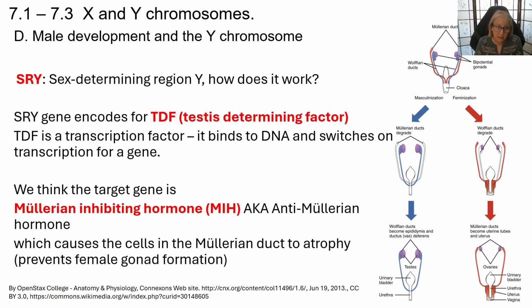The SRY gene, the sex-determining region of the Y, encodes for a protein, a big one, called testes-determining factor. It's a transcription factor. So here you may need to think back to what you've learned about transcription and translation.